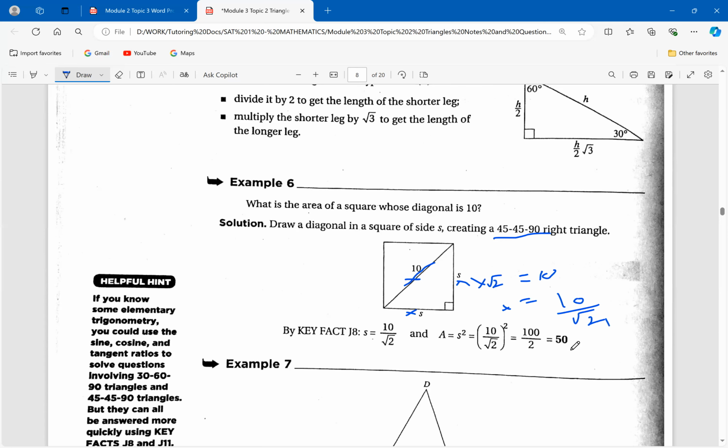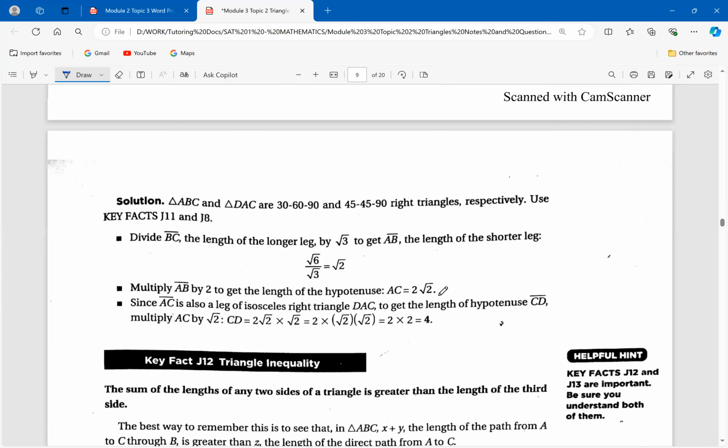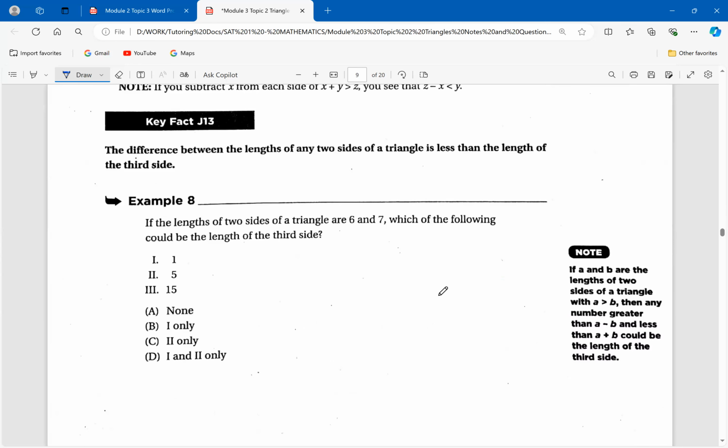This is how you get a value for x. So just remember this concept. Just remember the two types of right triangles, 90, 45, 45, and 90, 30, and 60.